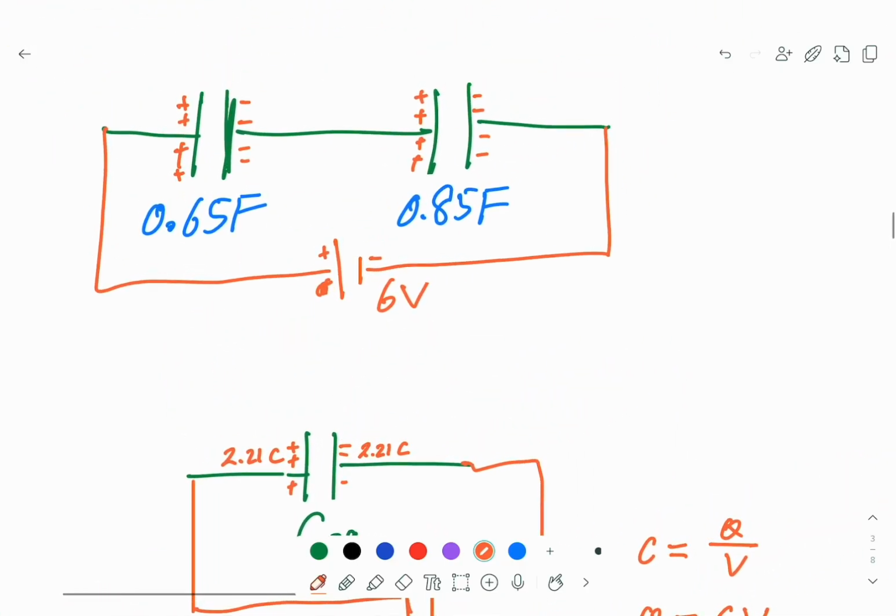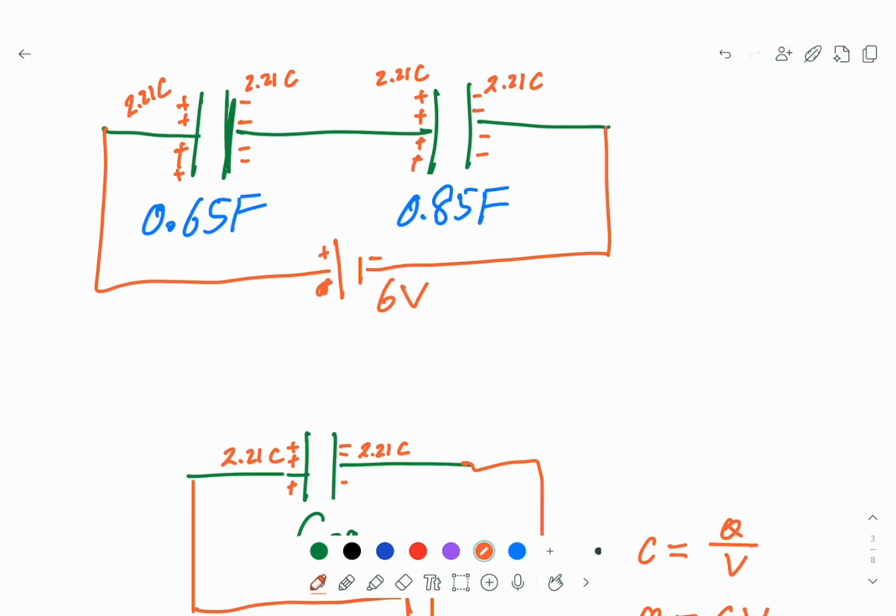So what I mean is, this is 2.21 coulomb, 2.21 coulomb, 2.21 coulomb, 2.21 coulomb. The capacitors, they are connected in series. They all have the same charge.